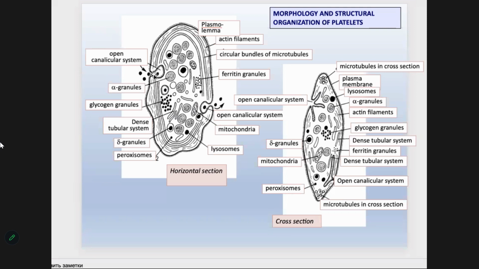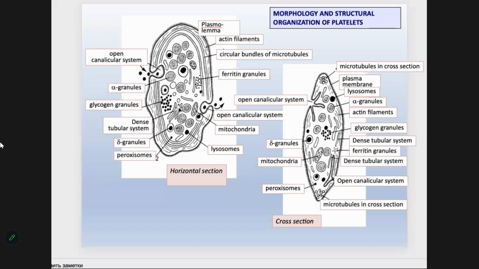Open canalicular system is the invaginations of the plasmalemma of thrombocytes, and it is necessary for the transport of different substances, to absorb substances inside the cytoplasm of the thrombocyte and excrete substances outside.